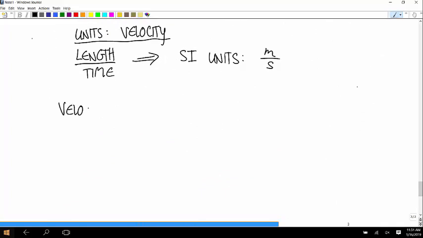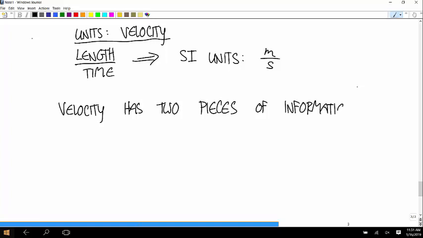I mean, not for the semester. So velocity has two pieces of information in it.